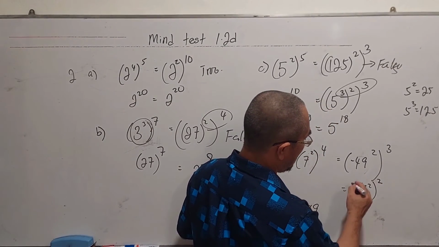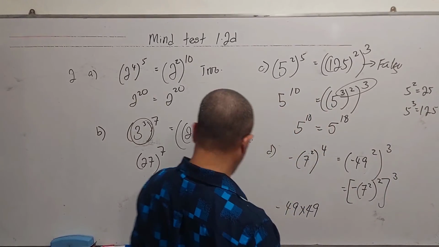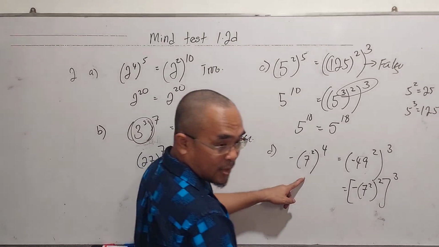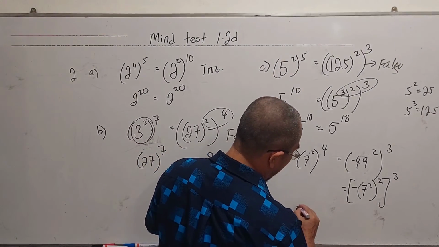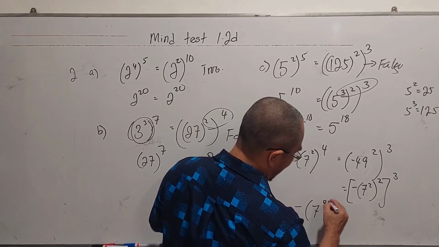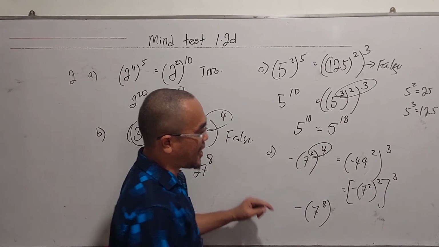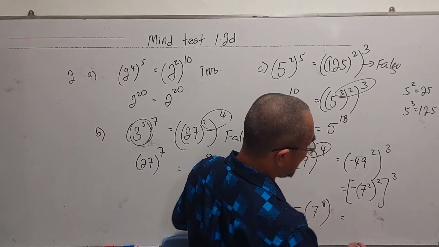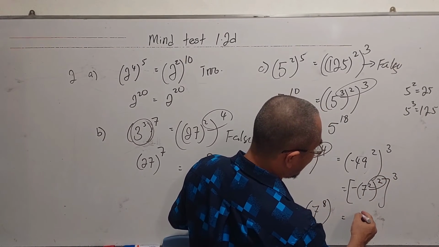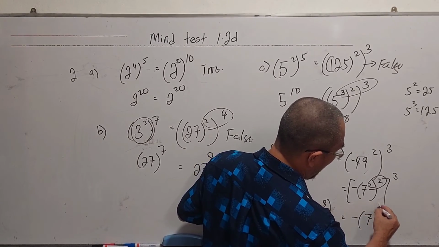And then put another bracket will be power 3. So because we have to make sure the negative is outside the bracket, just like this one. This one will be negative bracket 7 to the power of 8. You got this? You just multiply this, the negative is still outside. And then here, you just multiply this, you still get negative, and then 7 to the power of 4.